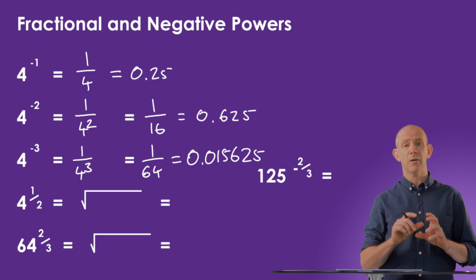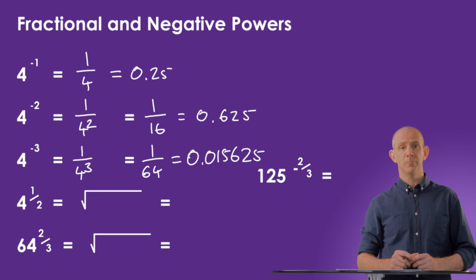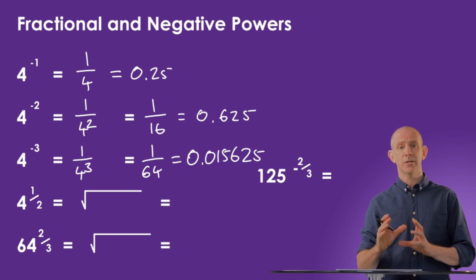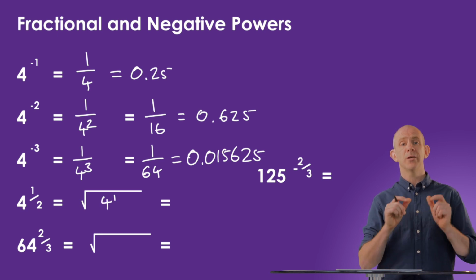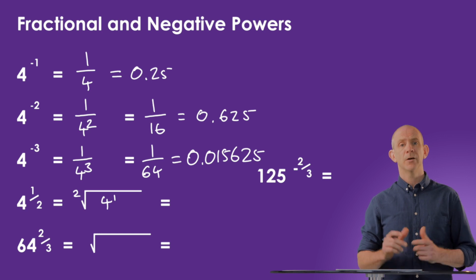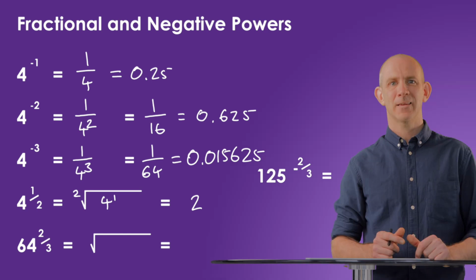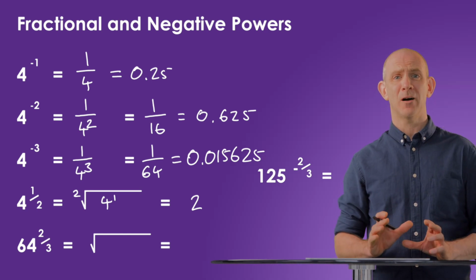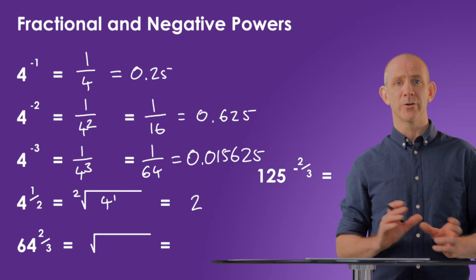So we'll place that number outside of the root symbol. We'll put the integer underneath the root symbol with the numerator as the power of that integer. So now we've got the second root of 4, or the square root of 4. And remember, this can be both positive and negative too. It's handy to remember that the power of a half is just the square root of that number.